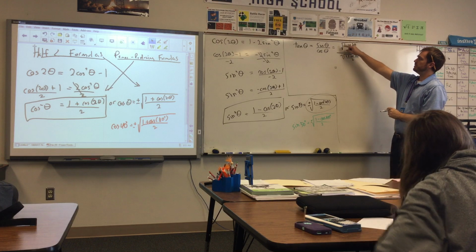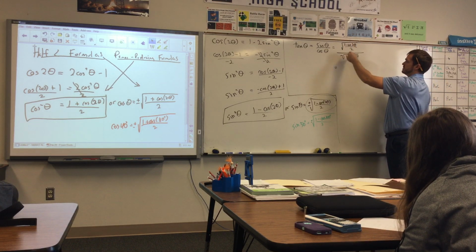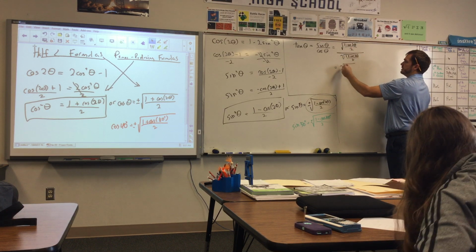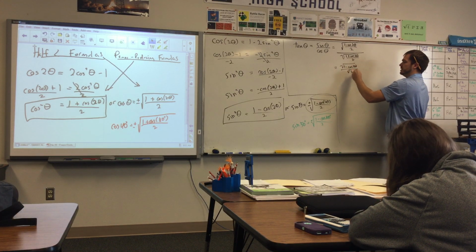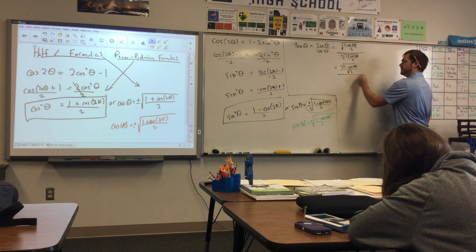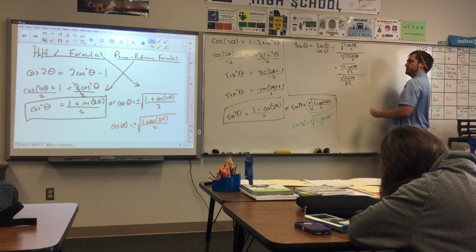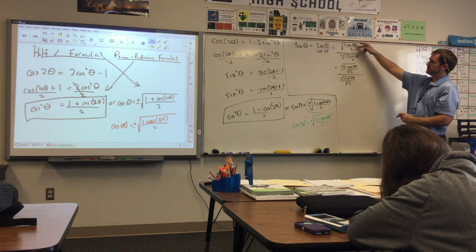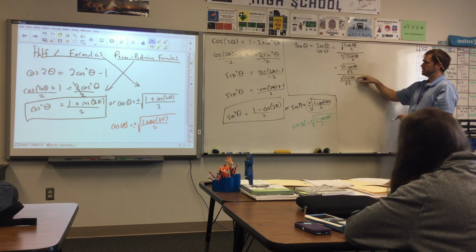First, realize that if you have a square root of a fraction, we have a square root of this and a square root of this. We could split this up as the square root of 1 minus cosine 2 theta divided by the square root of 2, over the square root of 1 plus cosine 2 theta divided by the square root of 2. If you remember, we did this at the beginning of the year, property of square roots: if you have the square root of a fraction, it's equal to the fraction of the square roots.